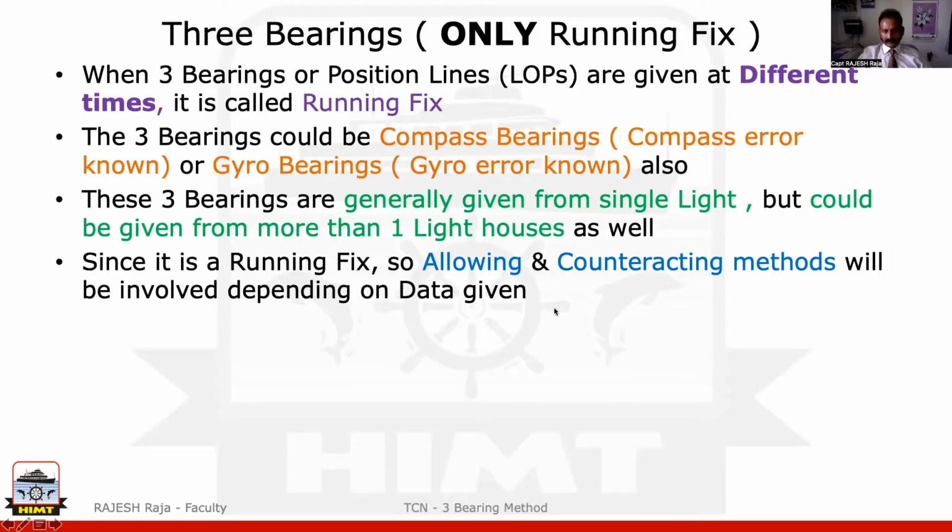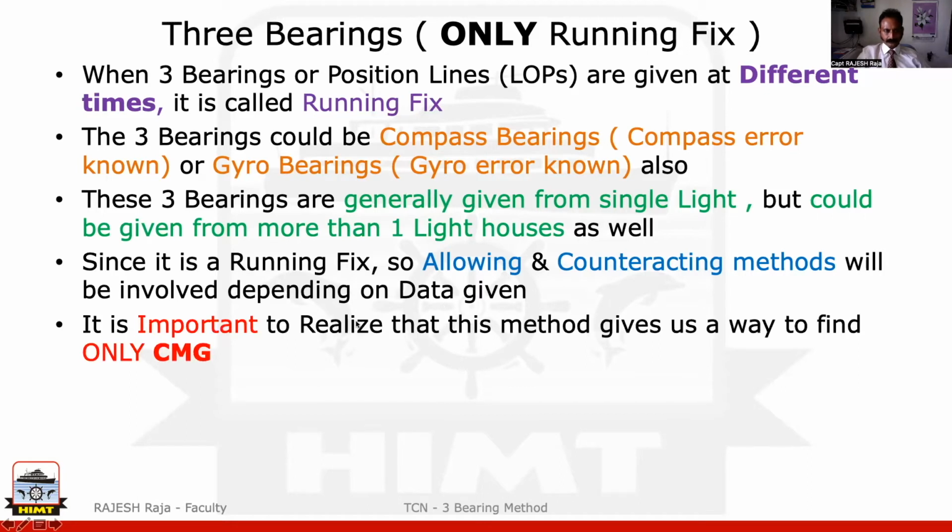Right now we are not looking at those two methods. I'll be just using one simple concept and I'll show you how to do it. As I told you, I'll make a separate video on the meaning of the allowing and counteracting methods. It's a simple concept: how I approach the triangle, how I complete the geometry. So it's nothing very difficult, it's easy. We will talk about that later.